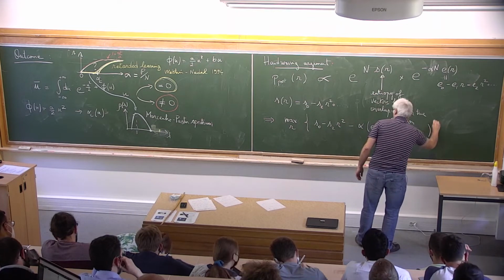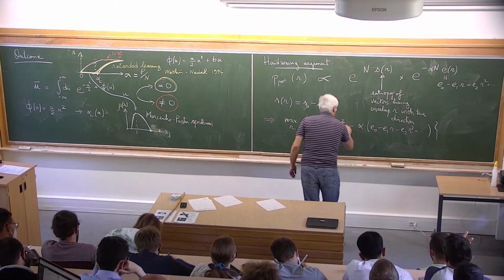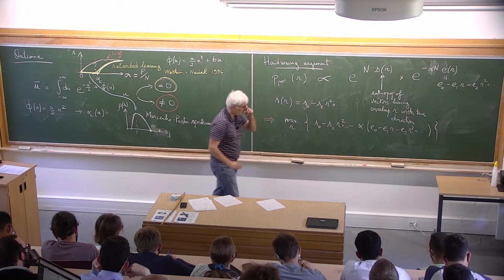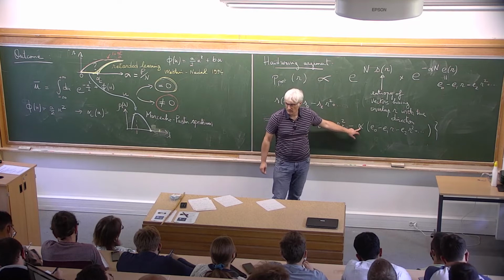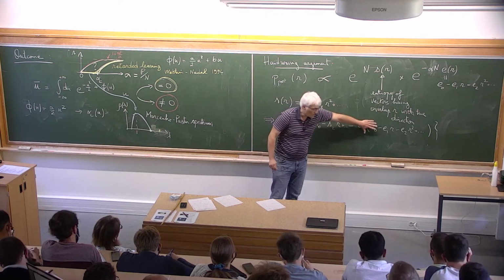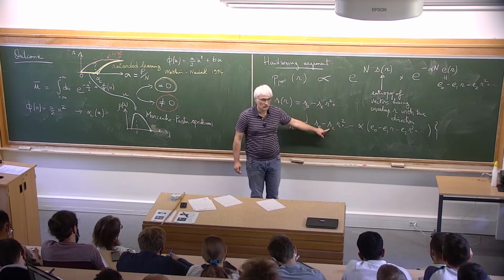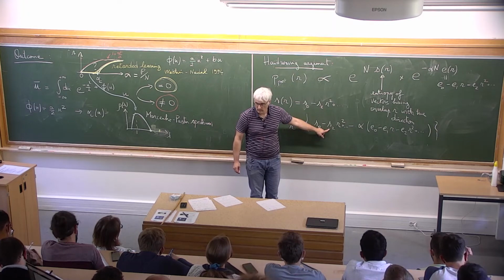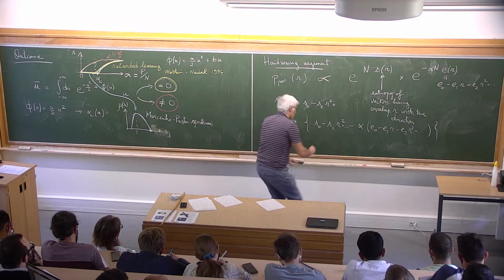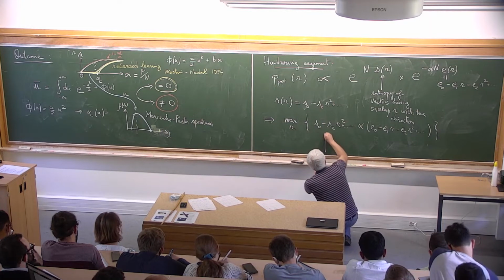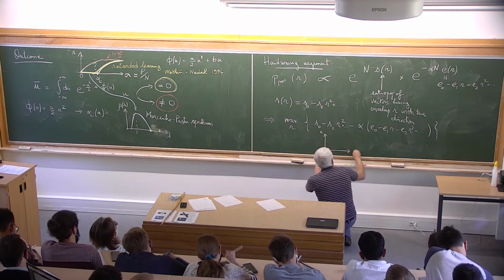I'm neglecting all the higher powers. Okay, so I'm starting with alpha. Let's start with alpha equal to 0. If alpha equal to 0, you don't have this term, and the maximum is obviously in R equals to 0, but for entropic reason, right? So we start our curve like this. So I'm here, starting point.